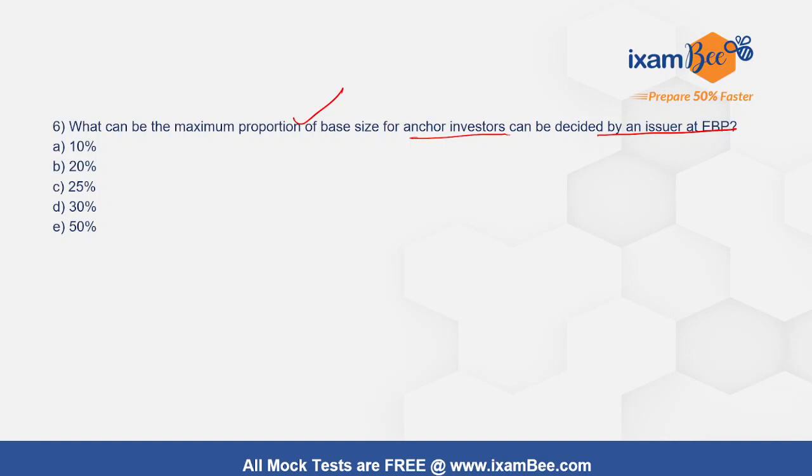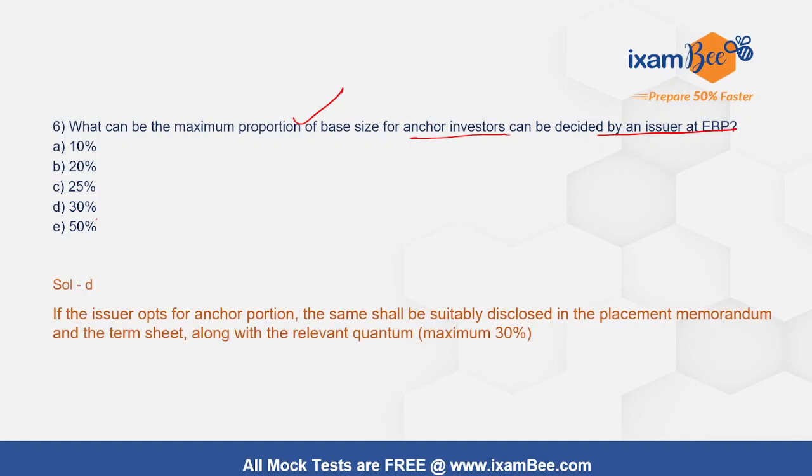So in this also, the anchor portion can be decided within the base issue size, and the issuer has the freedom to select the anchor investor for the selected anchor portion. The maximum anchor portion that can be decided in this case is 30%. That is, the answer is D.